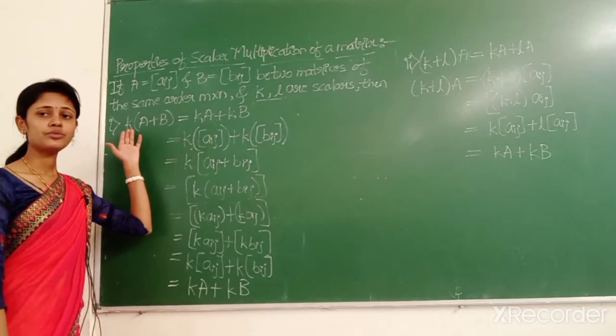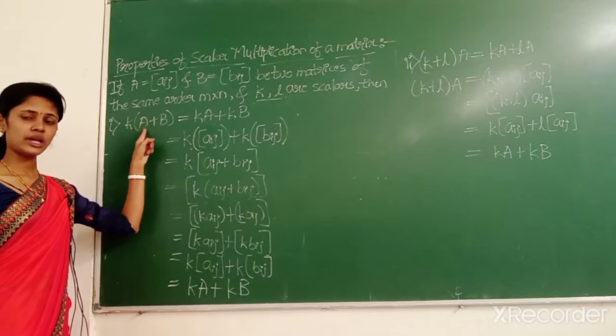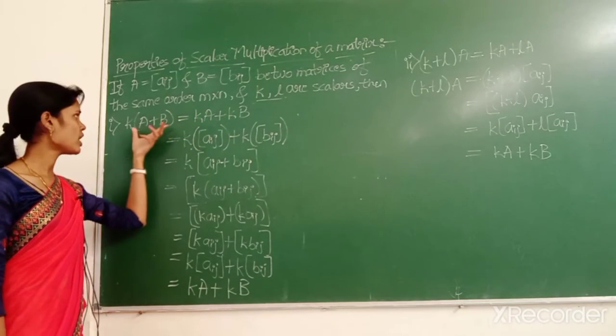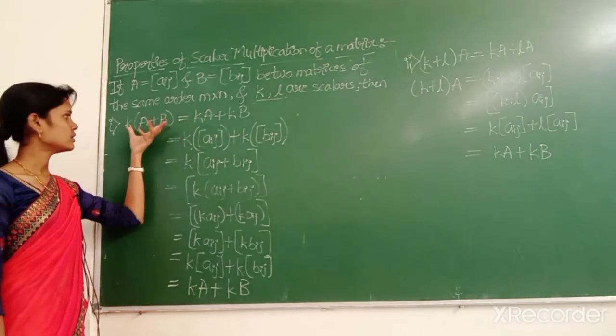First, K into A plus B is equal to Ka plus Kb. We have to prove this.